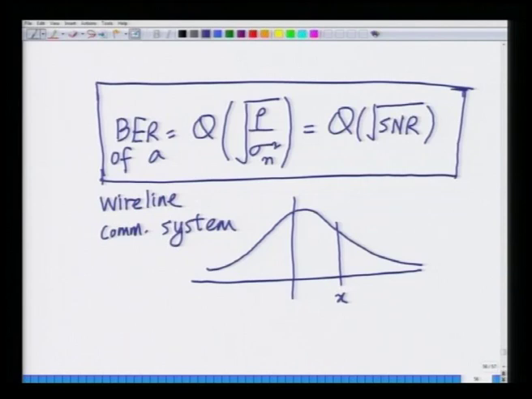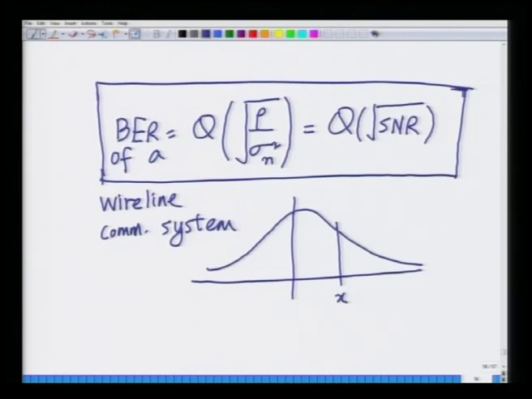That makes intuitive sense, because as SNR increases, signal power increases with respect to the noise power, so you expect your reception to be better, or in other words the bit errors to decrease. So, this is Q of square root of SNR, and as the SNR increases, the bit error rate decreases.